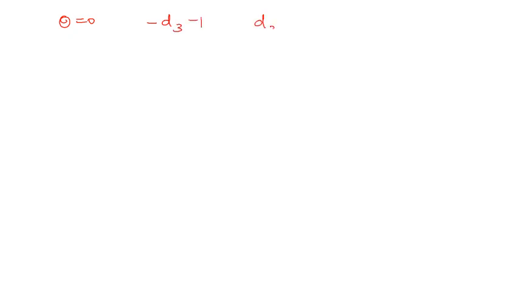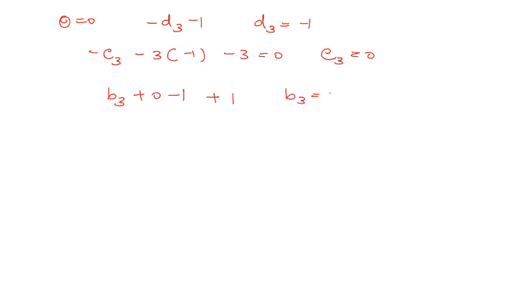So here we can see d3 is equal to minus 1. Substituting in the earlier equation for c3, we get minus c3 minus 3 into minus 1 into minus 3 is equal to 0. So c3 is equal to 0. Then b3 plus 0 minus 1 plus 1, however, b3 is equal to 0. Substituting in the other equation, a3 plus 0 minus 1 is equal to 0, so a3 is equal to 1.